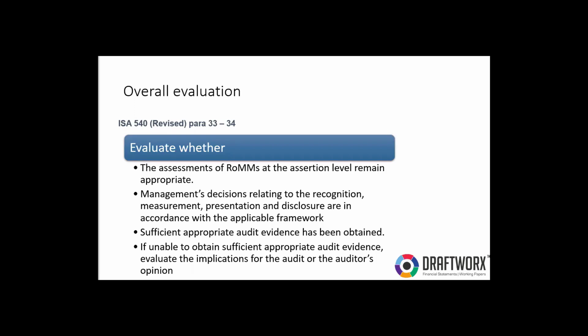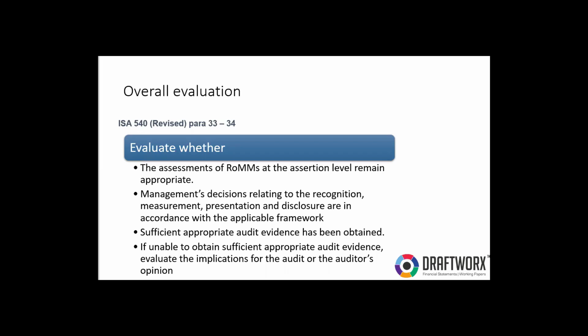Then, thirdly, you need to conclude and evaluate whether you have gathered enough evidence, whether you have sufficient appropriate audit evidence to be able to conclude on this. You can see that this goes hand in hand with your reassessment of risk. And obviously, if you're unable to obtain sufficient appropriate audit evidence, it would have repercussions.